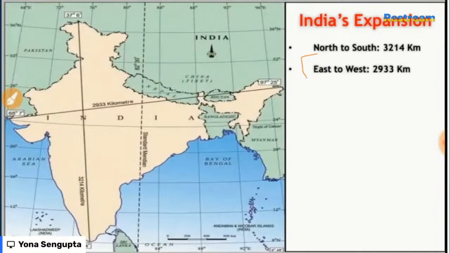I'll write it down here. I don't have the stylus here, so it might be wrong. It is written as 22 degree north latitude, and it begins to taper and extend towards the Indian Ocean, dividing it into two seas, the Arabian Sea on the west and the Bay of Bengal on its east.